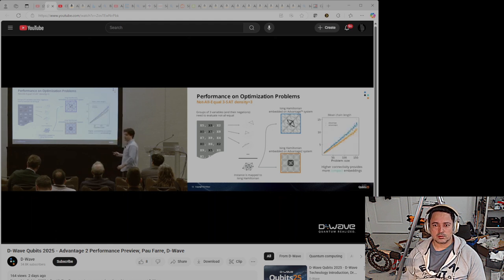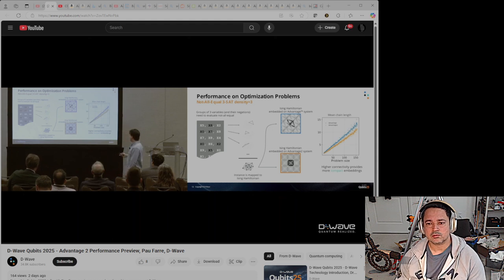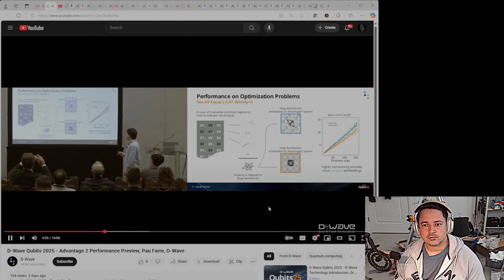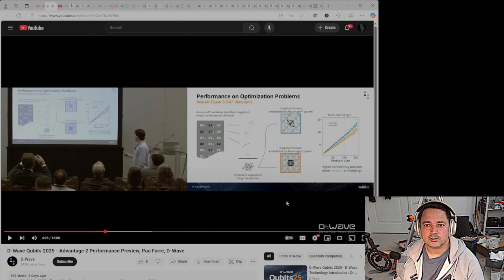And these are chain length statistics of mapping problems of different sizes to Advantage and Advantage 2. So orange is Advantage 2, blue is Advantage 1. Higher connectivity provides more compact embeddings.